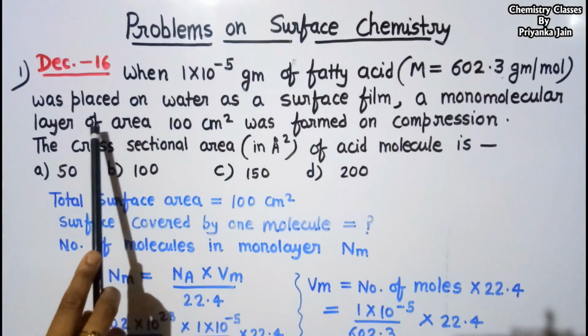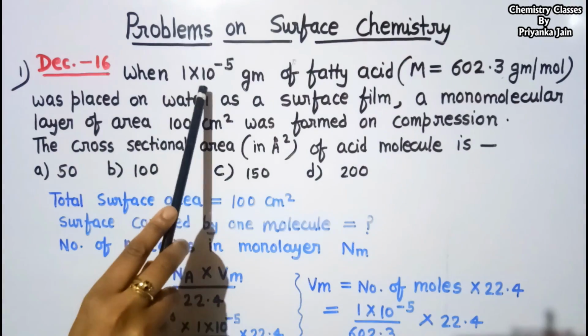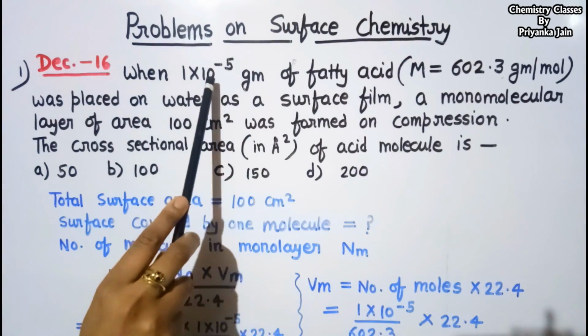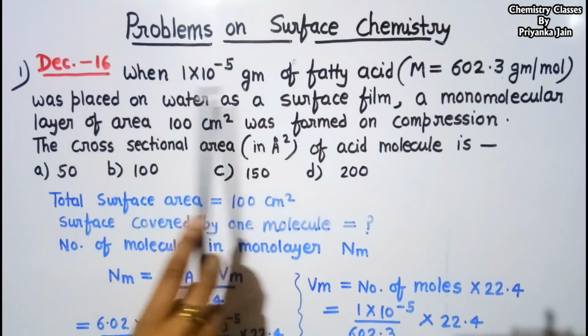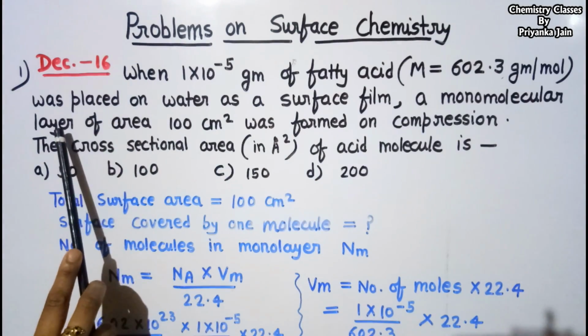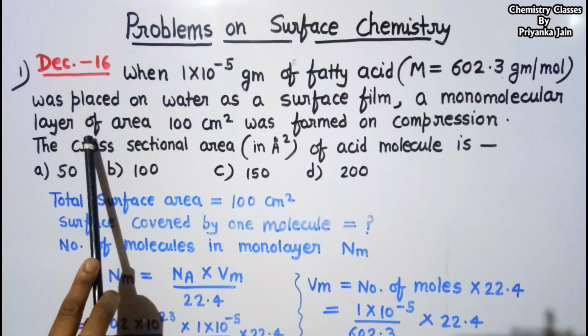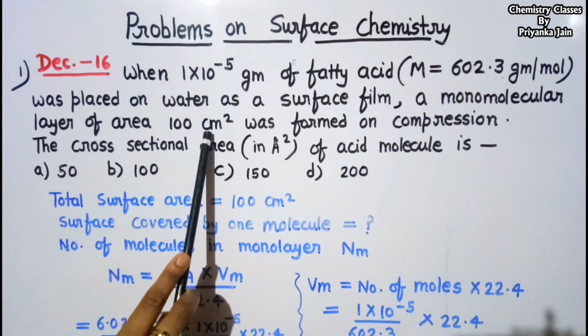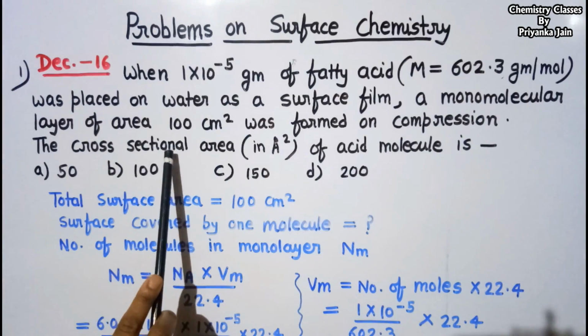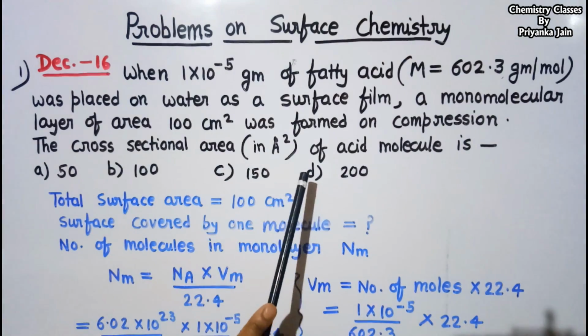So if we come to the question again, we can see that we are given the weight of the substance and the molecular weight, and that a monomolecular layer of the substance is formed on the water, and the area of the layer is 100 centimeter square. And we have to find the cross-sectional area of one molecule.